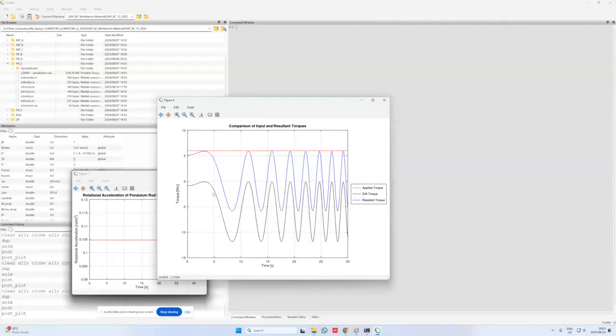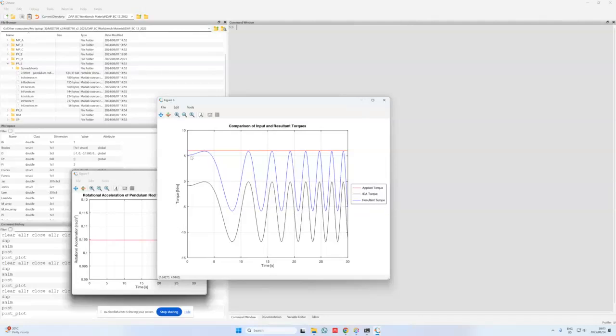Now you remember previously it varied between 6 and -6 Newton meters. In this case, the inverse dynamic analysis torque actually varies between 0 and, I believe this should be, -12 Newton meters. And the reason for this is it has to now compensate for this 6 Newton meters constant torque that I specify on the system.